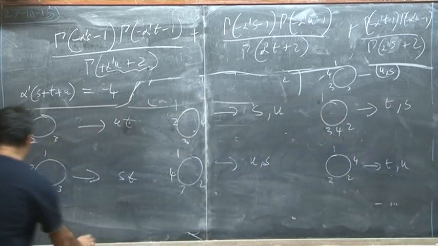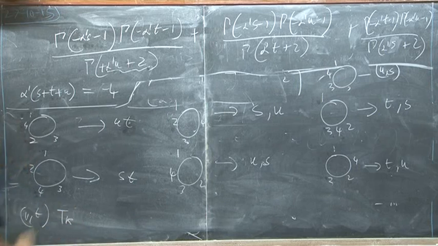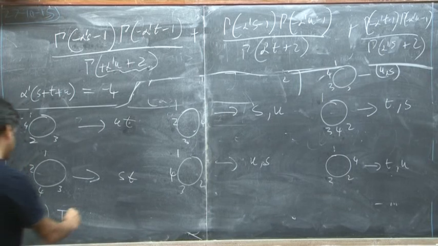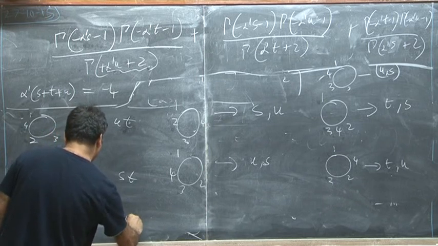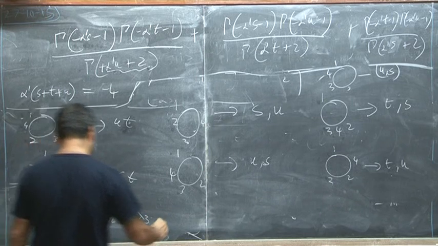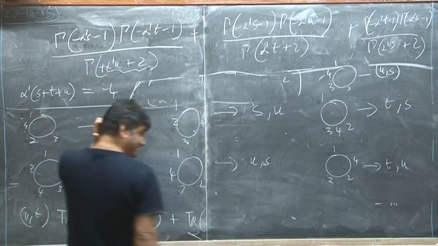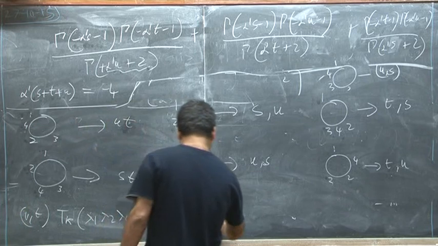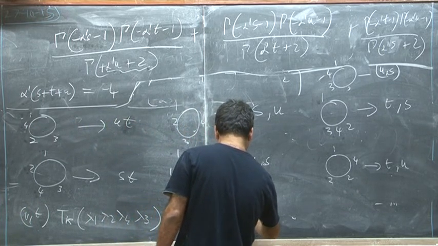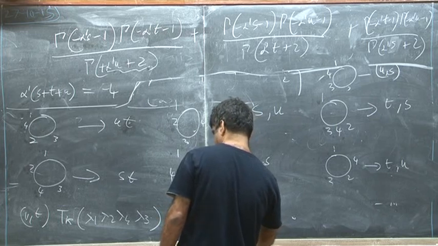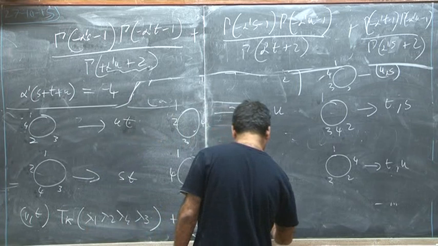We get UT with trace of lambda 1, lambda 2, lambda 4, lambda 3 plus trace of lambda 1, lambda 3, lambda 2, lambda 4.